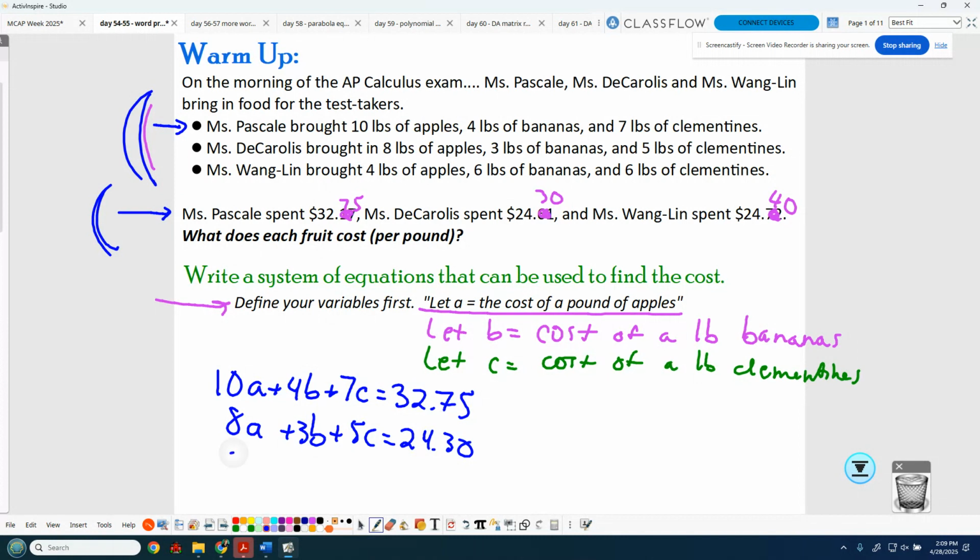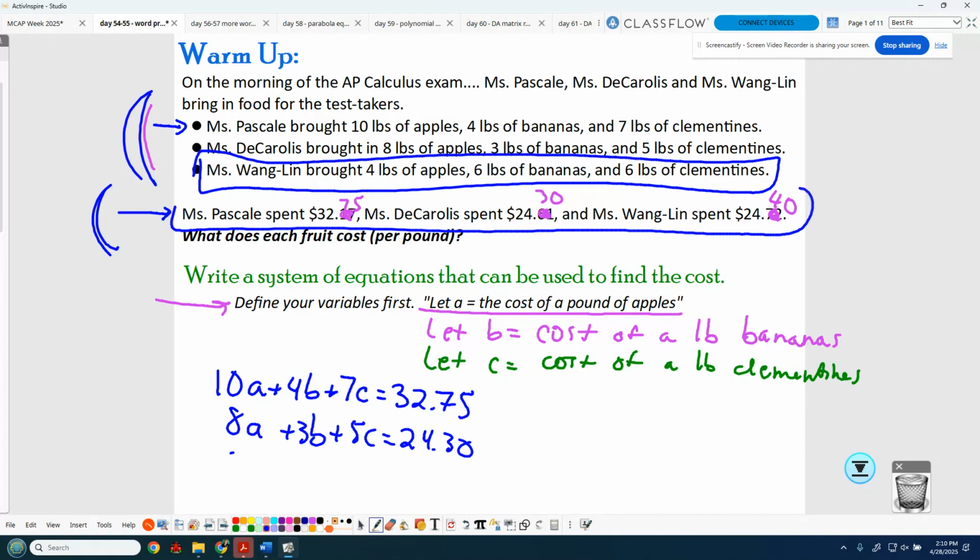Like one of these, like the 2 examples that are already here. Read these words and turn them into an equation that has something to do with more data that's on this line. So 4A plus 6B plus 6C.